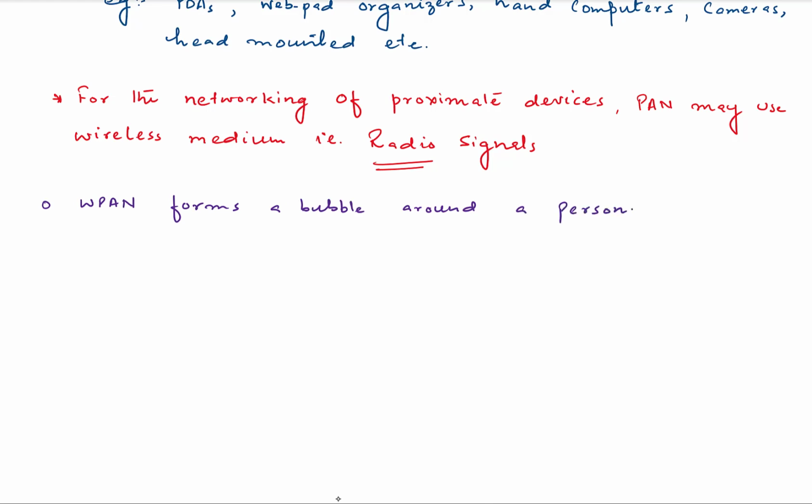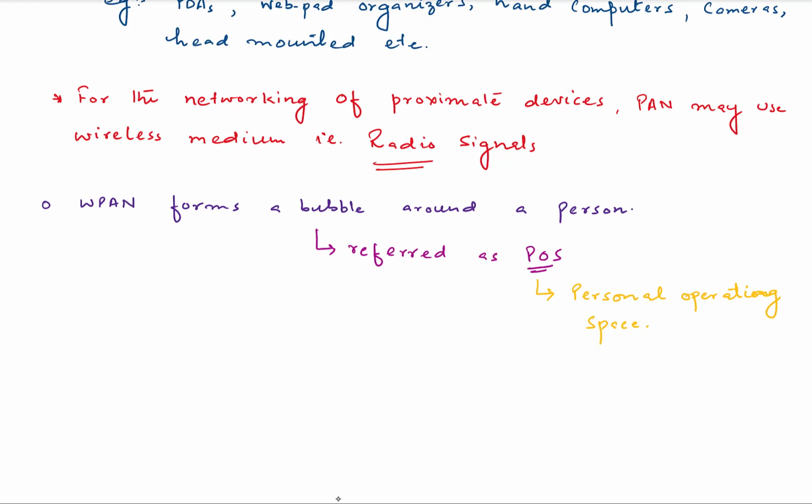Okay, and this bubble is because of the radio signals, and this bubble is referred to as POS. POS stands for personal operating space. So wireless PAN forms a bubble around a person and this bubble is referred to as personal operating space.